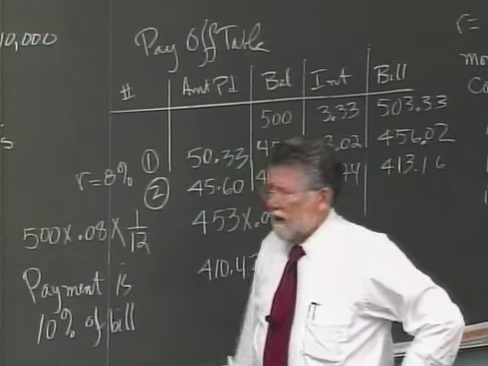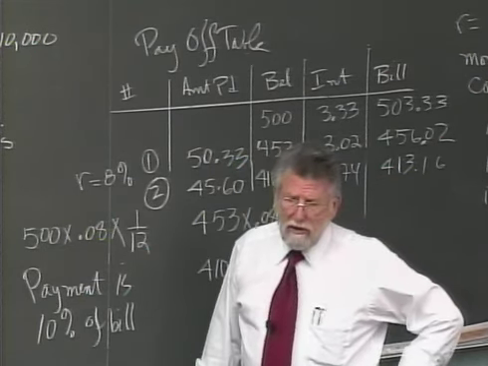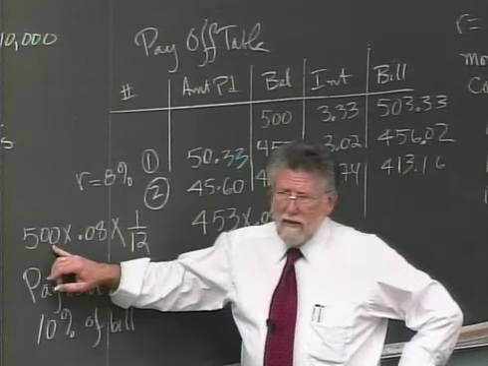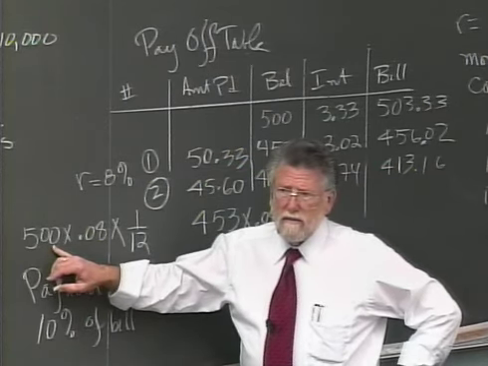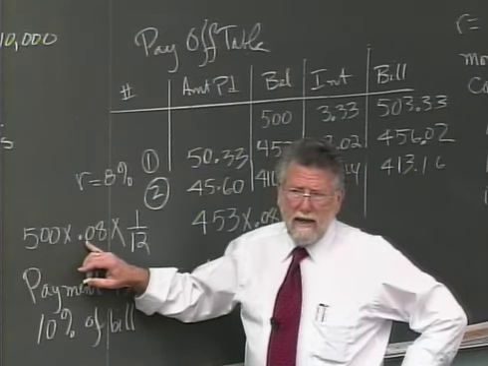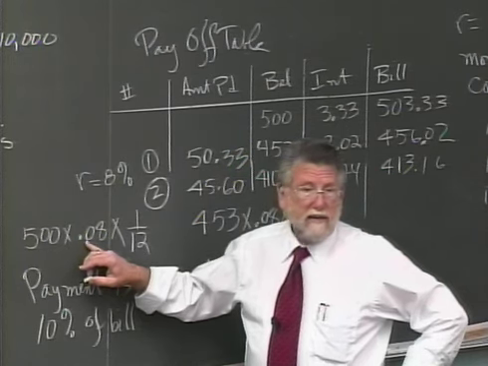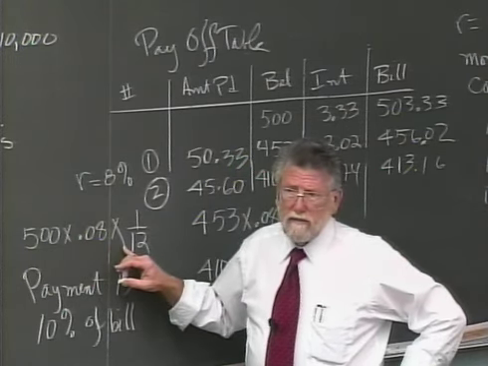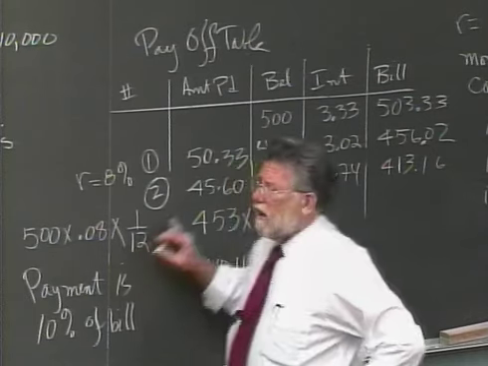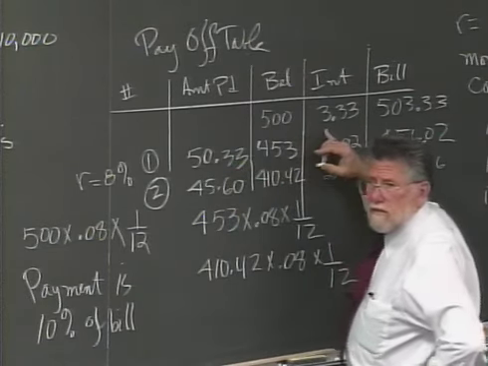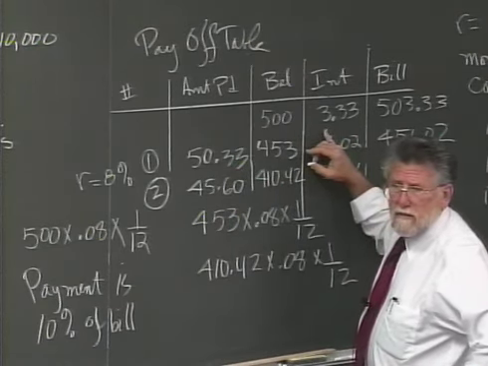So with your calculator, you should do the following. 500 times the 0.08, and then just divide by 12. And you should get $3.33, which is what I have here.